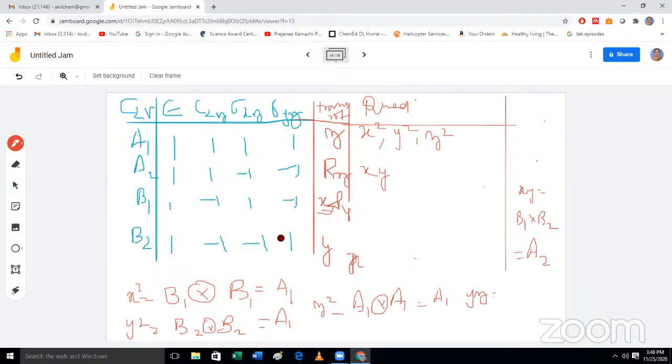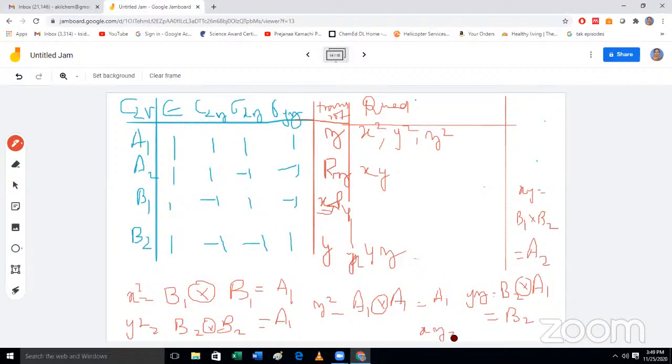Y is here and Z is here. So B2 direct product A1, that is equal to B A B, 2 1 2. So in the B2 place, what should we put? YZ.